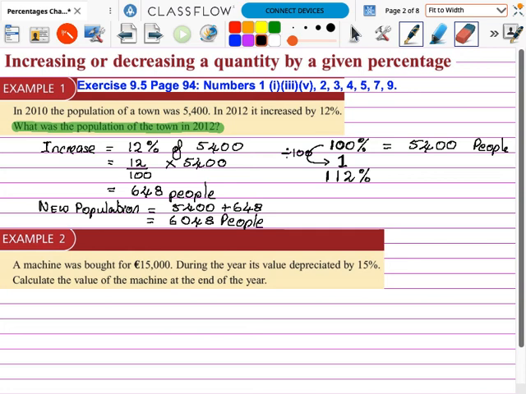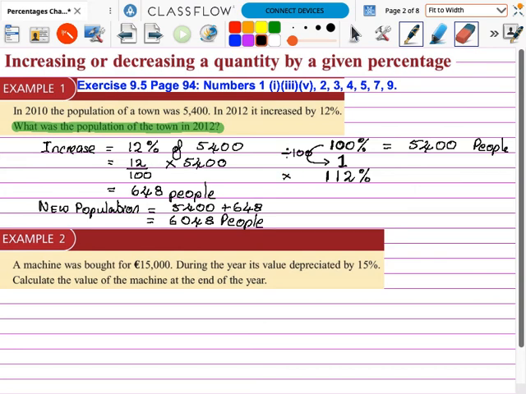I want to build from 1 to 112. Are you multiplying or are you dividing? If you're building from the 1 to 112, are you multiplying or dividing? Pause, think, give the answer. Yes, you are multiplying. What are you multiplying by?